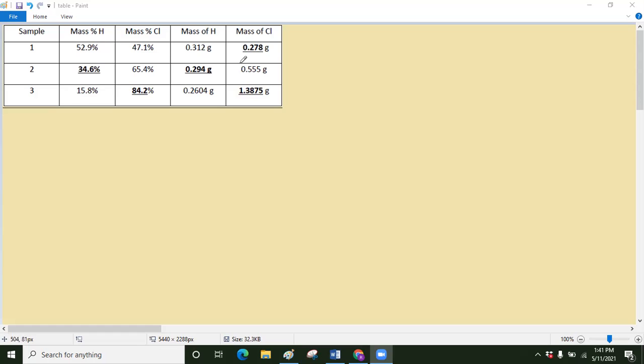And of course, we're given also their gram equivalent, in other words, how much they are in grams. So in this sample, 0.312 grams is hydrogen, and the mass of chlorine is 0.278 grams. What this table tells us is that it's given us three values here, but this third value is essentially the value that we want to solve for.